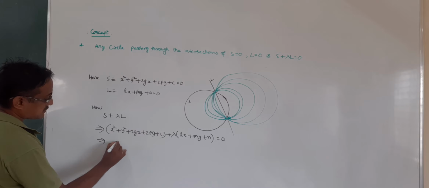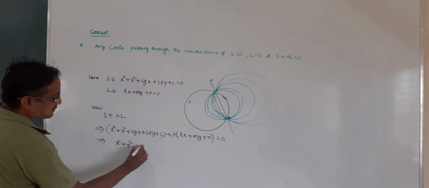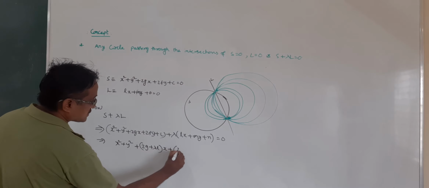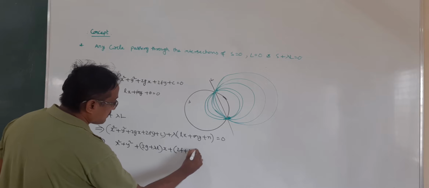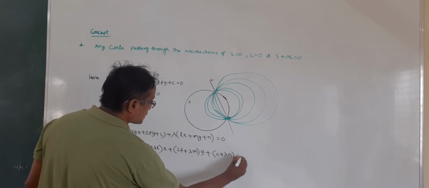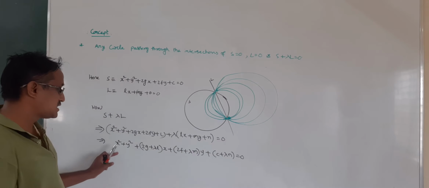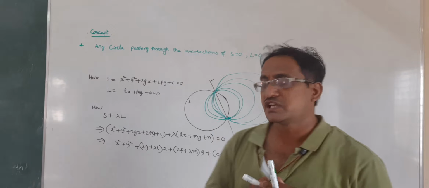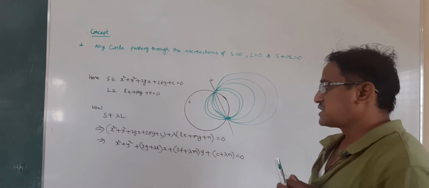So x square plus y square plus (2g plus lambda l) into x plus (2f plus lambda m) into y plus (c plus lambda n) is equal to 0. Now you can see this is of the form x square plus y square plus 2gx plus 2fy plus c equal to 0.